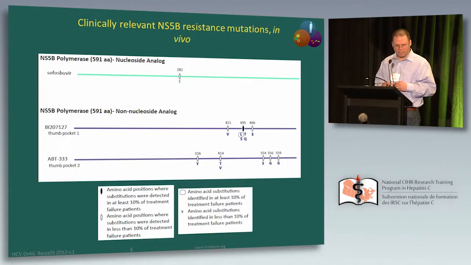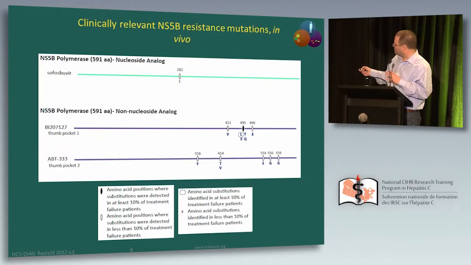For NS5B inhibitors, we really need to distinguish between nucleotide analog inhibitors and non-nucleotide analog inhibitors. For the non-nucleoside inhibitors, there are also a bunch of mutations here, and there are even more; it really depends on the particular class. For nucleotide analogs, what is evident is that there is essentially a single mutation, although it's not really true, as there are also some other minor mutations that may be important in regard to resistance.